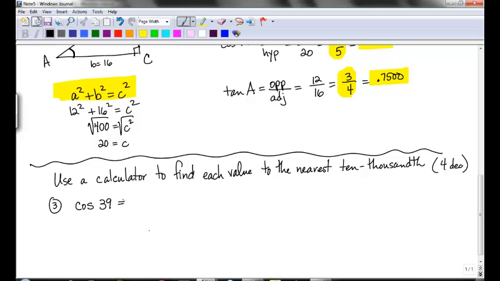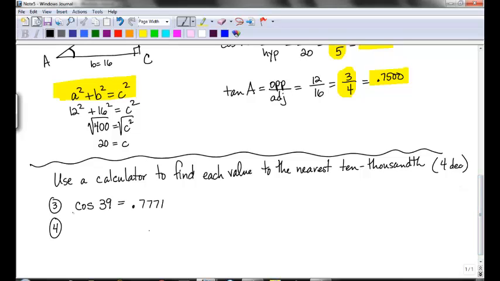Okay, find that on your calculator. So we're just going to do cosine of 39. Notice the calculator puts that parenthesis in there if you need to. This one you'll actually get away with. If I did cosine of 39, does it affect the answer on this one if I don't close it? No. Okay, so we end up with 0.7771, and that's our answer.